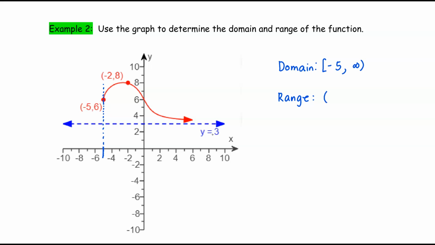So that means it is from 3, which is not included because it is asymptotic at y equals 3, up to the highest point here, and the y value here is 8. So it is 3 up to 8, and 8 is included because it is shaded here. So the range is from 3 to 8, 3 not included.